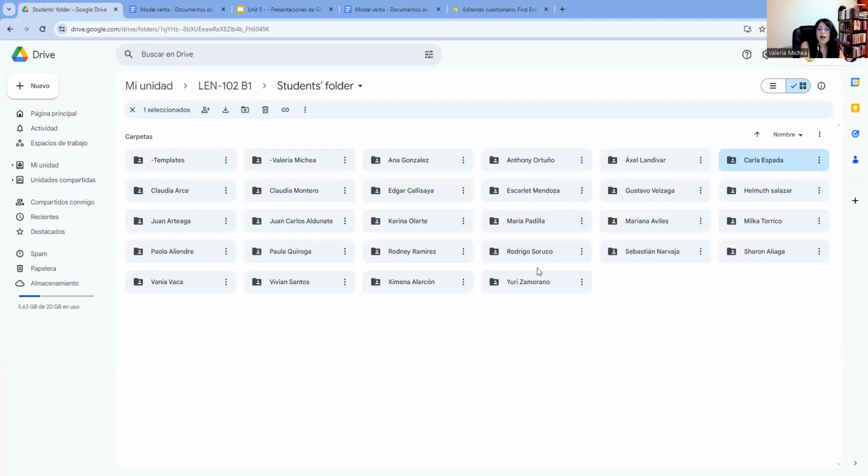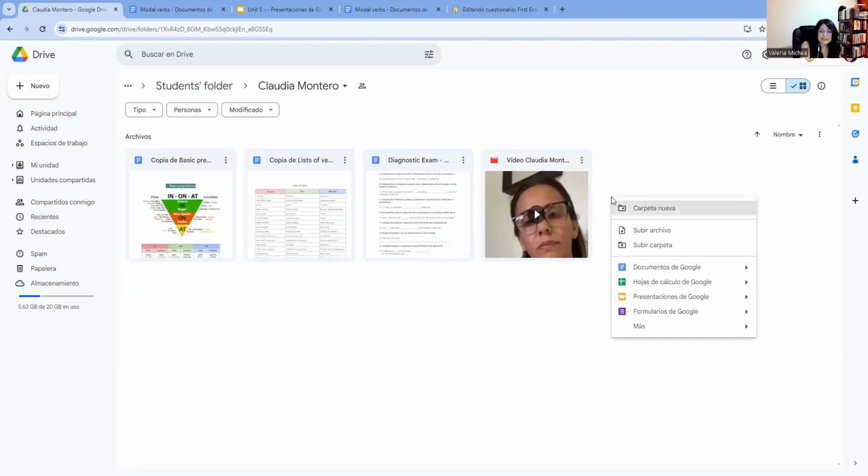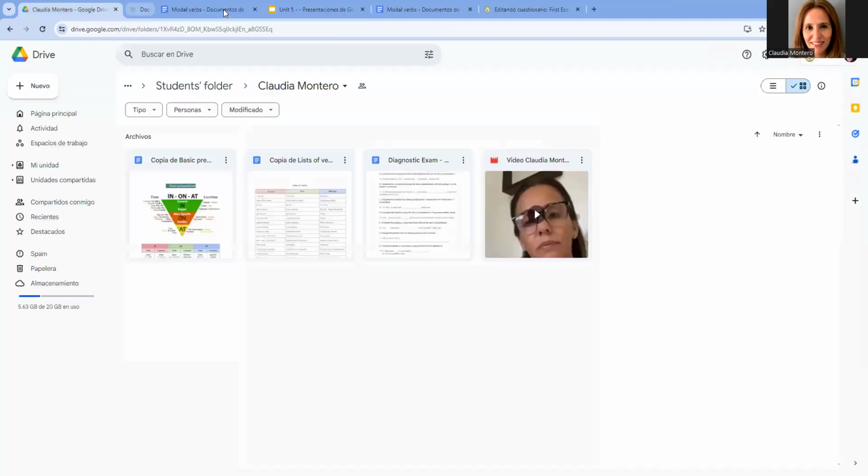But how do I create the document? You go to your folder, right click, and this is the Google Docs option, and it's going to be created right away. Yes, that's it.